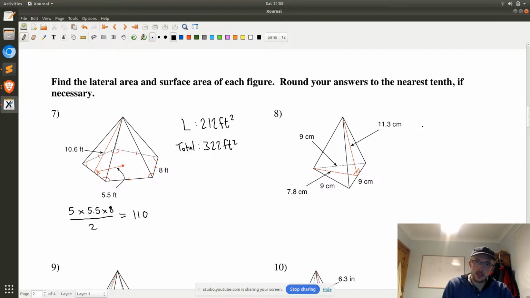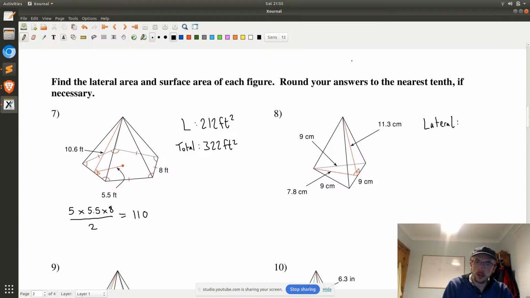Here, the lateral surface area will be, let's see, okay, so it's an equilateral triangle base.